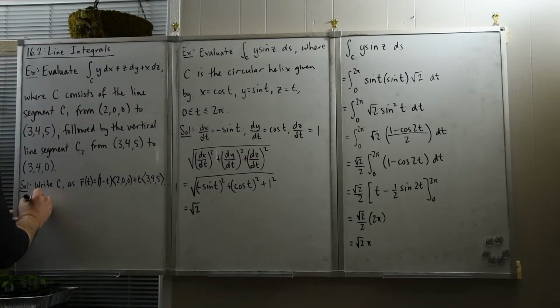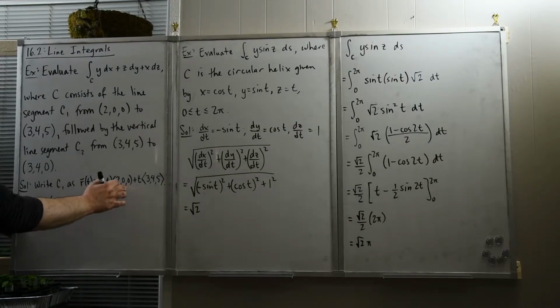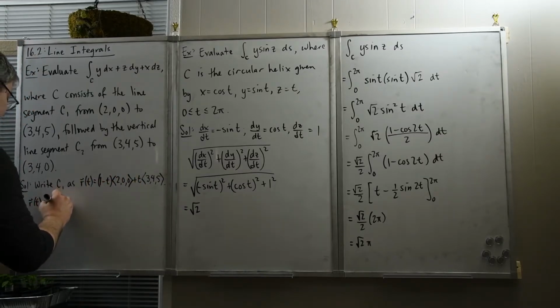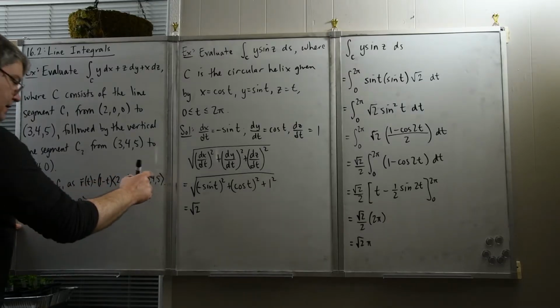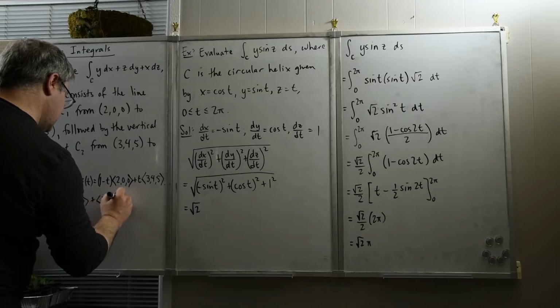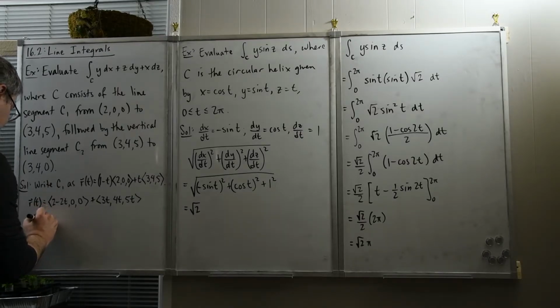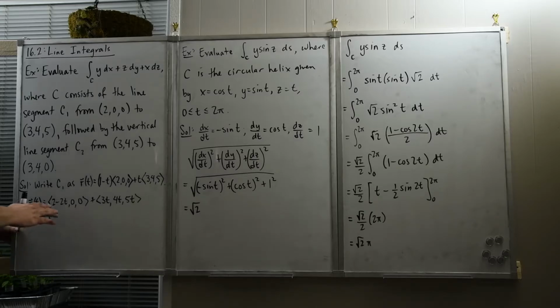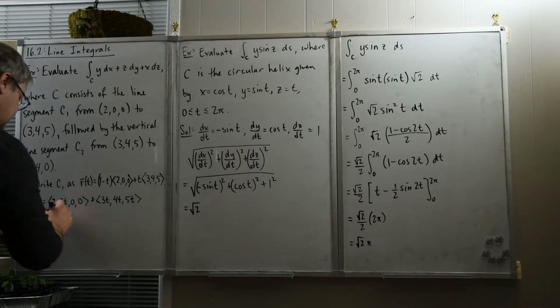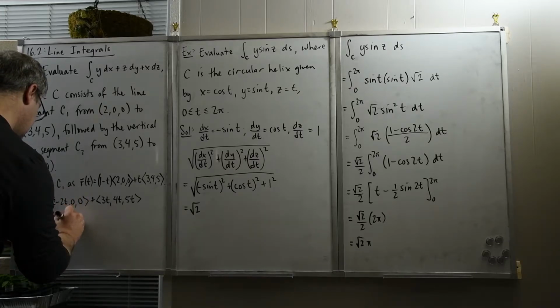Now, that means that R of t, if you take the 1 minus t times this vector, you'll have a 2 minus 2t, a 0 and a 0. And then here you'll have a 3t, 4t, and a 5t. Which means that our R of t is going to have a first component: 2 minus 2t plus 3t gives you t plus 2.